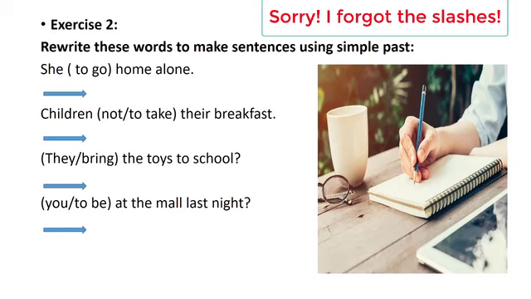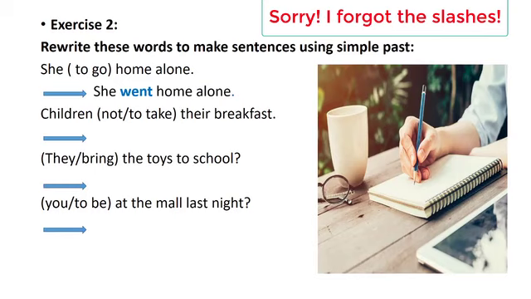Okay, can you get the simple past of the first one? She, to go, home, alone. This is a sentence. What's the simple past of to go? Yes, good. She went home alone.